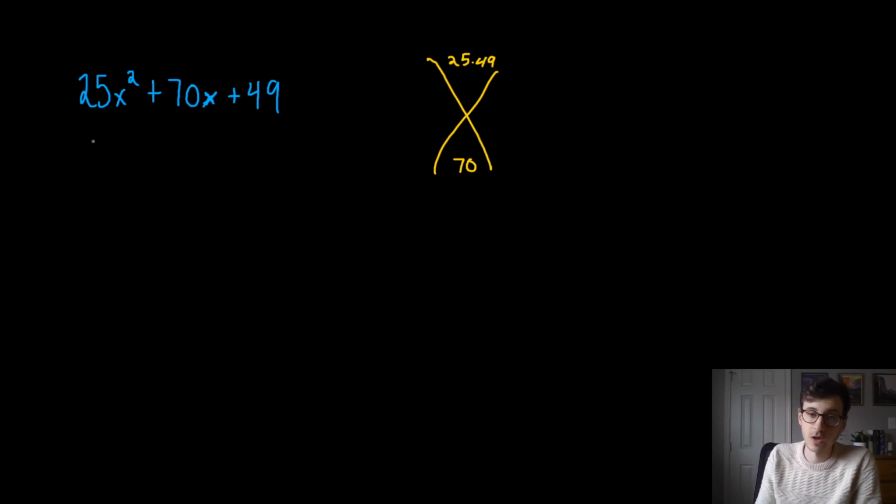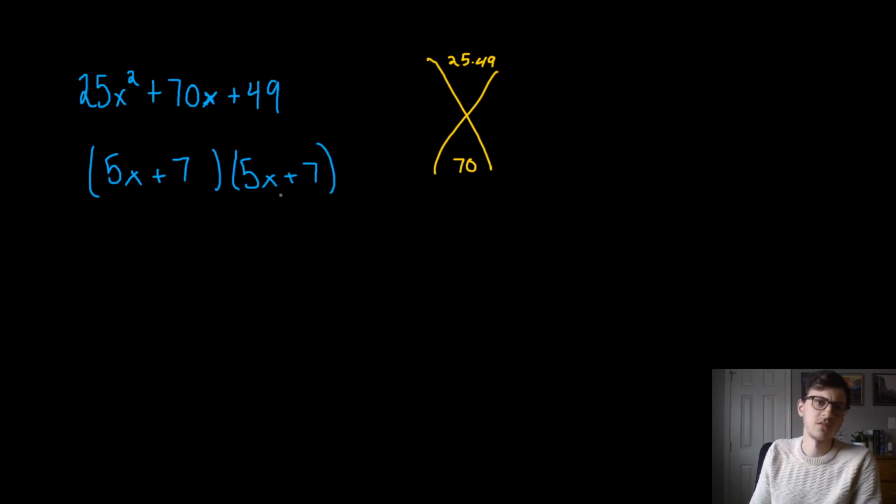Well, 25 and 1 or 5 and 5. So if I'm creating whatever I'm factoring, here I'd have 5x times 5x because 5x times 5x is 25x squared. And then what times what is 49? Well, 7, right? The square root of 49 is 7. So just knowing these is really handy, but you can also kind of play around with the numbers a little bit. Okay, so now I have 5x plus 7 times 5x plus 7.